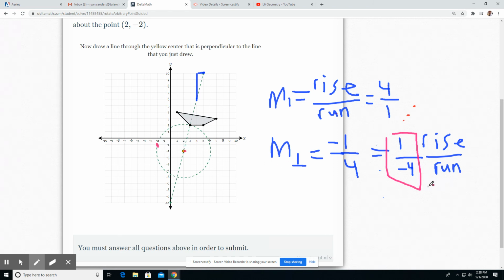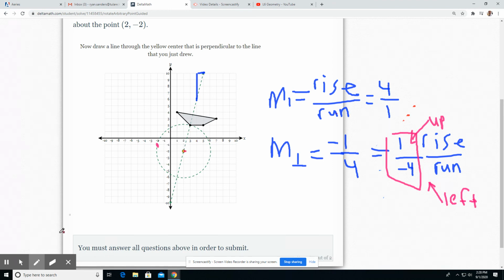So remember, that would be to the left, because it's in the negative direction. And that's up, because that's positive. A positive rise is up. A negative run is left. So up 1, left 4.